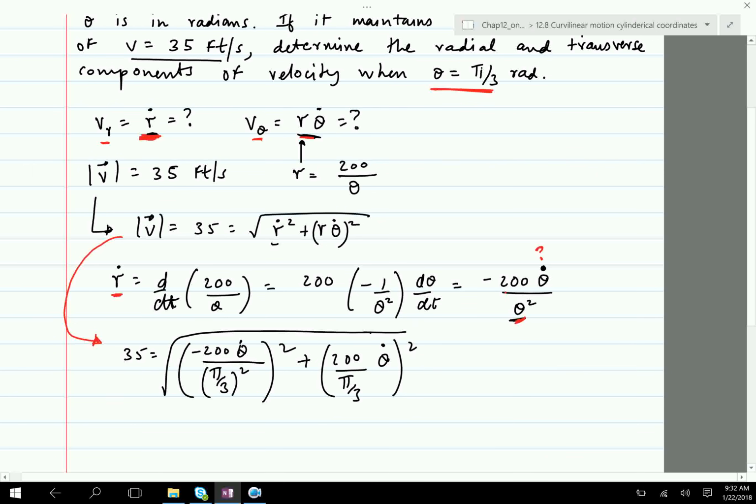So I can square this, sum it up, and since it's going to be theta square, theta dot square, I can pull that out and then solve for theta dot. Okay, so I'll leave that to you.